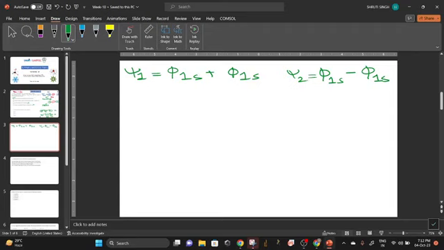Can you guess? Sigma, yes, this is sigma, but tell me in terms of Mulliken symbol.